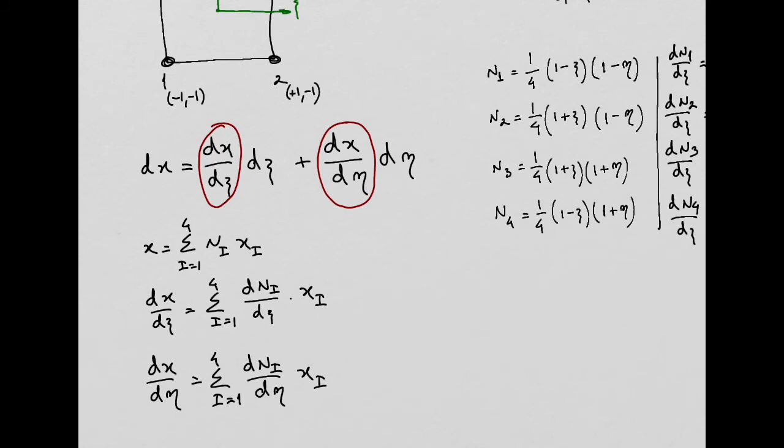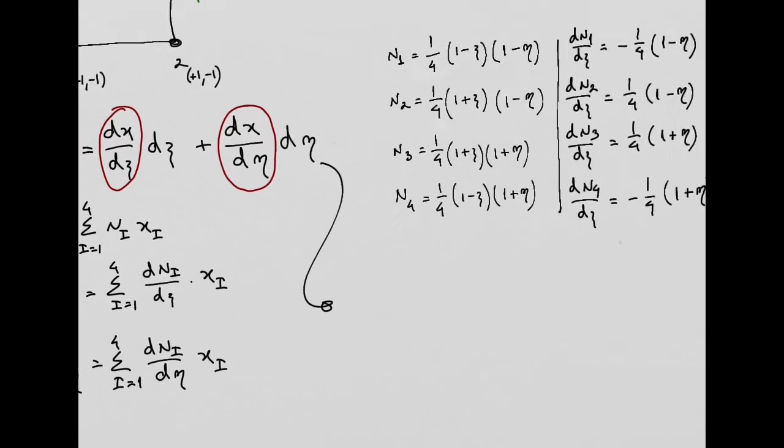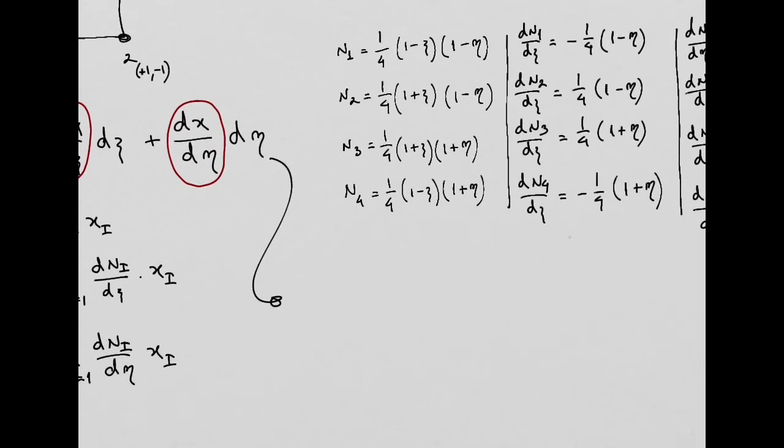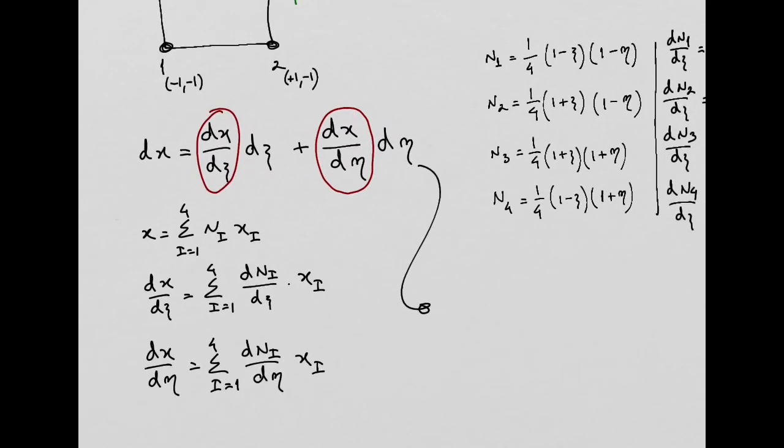So if I continue here below, I can say the following. I can say dx is going to be equal to the summation, i equal to 1 to 4, of the derivative of Ni in order to xi, times d xi.